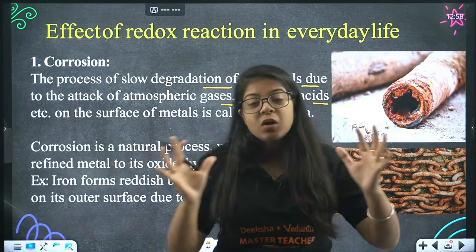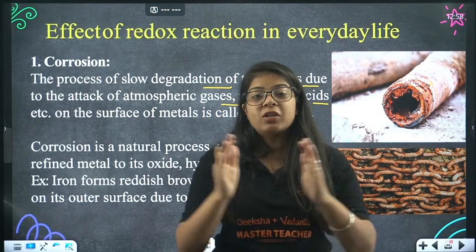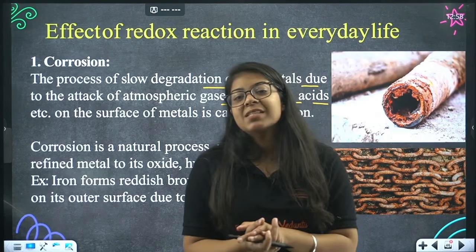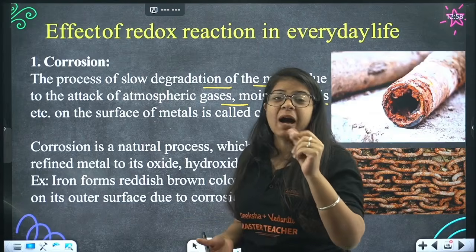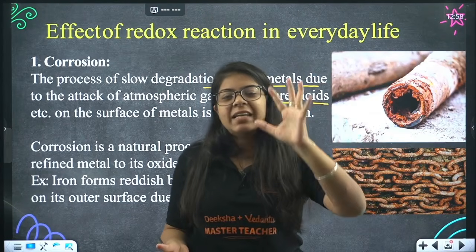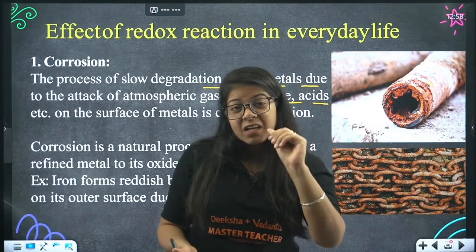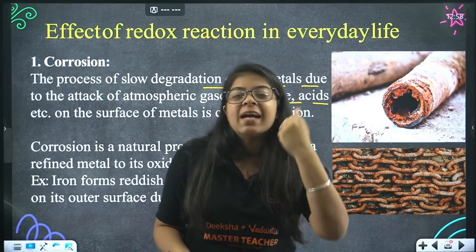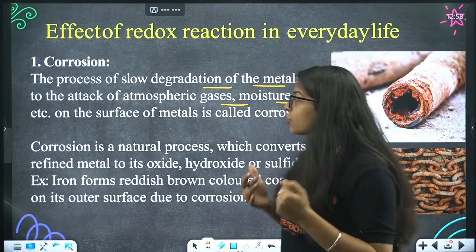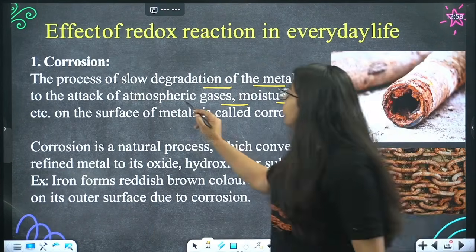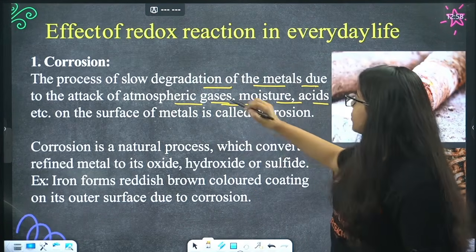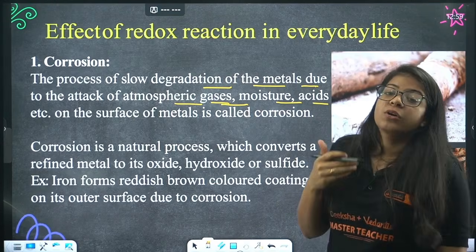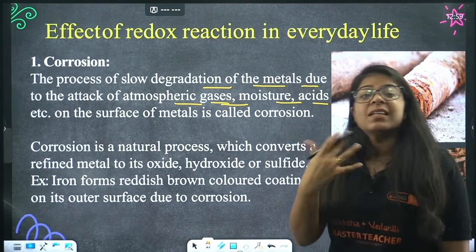When all these gases come together, they sit on the metal surface and it corrodes. Have you seen that brownish part on the metals where it is degrading, the paint scraping off, and underneath you see a brown part? That is corrosion. And why does it happen? Due to the attack of atmospheric gases, moisture, acids on the surface of the metal, and this is called corrosion.